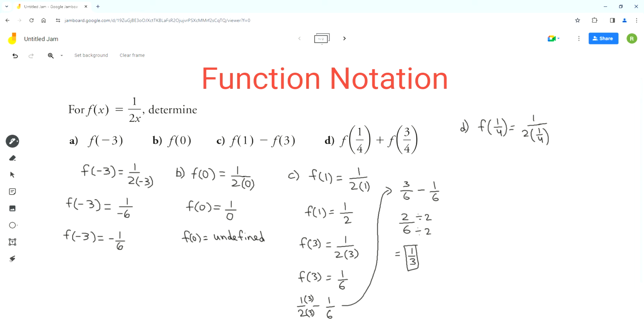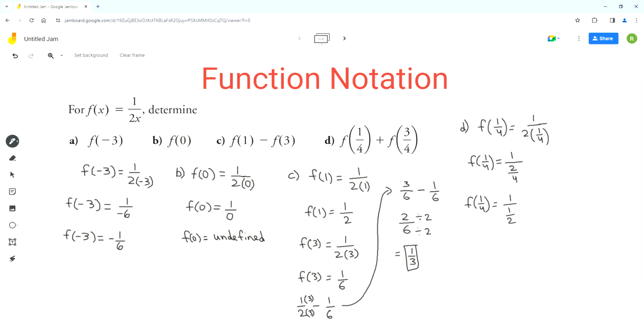So we have to multiply 2 by 1 over 4. So 2 times 1 over 4 is equal to 2 over 4. Now 2 over 4 can be reduced to 1 over 2. So f at 1 over 4 is equal to 1 over 1 over 2.